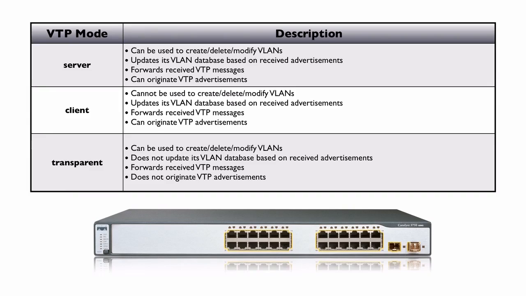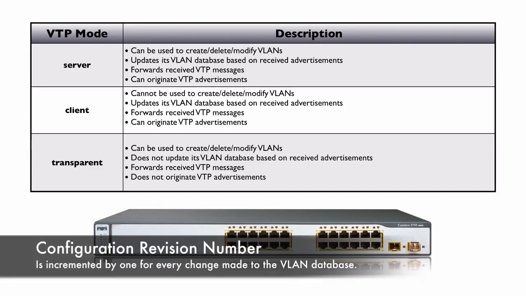How do the switches determine which database is the most up-to-date? Well, every time a database change is made, every time we add a VLAN, delete a VLAN, modify a VLAN, there is a number called the configuration revision number that's associated with the switch's VLAN database, and that number gets incremented every time we make a change.